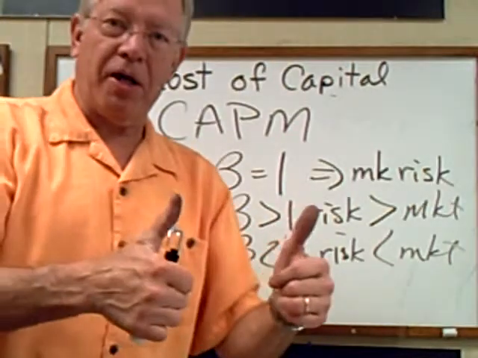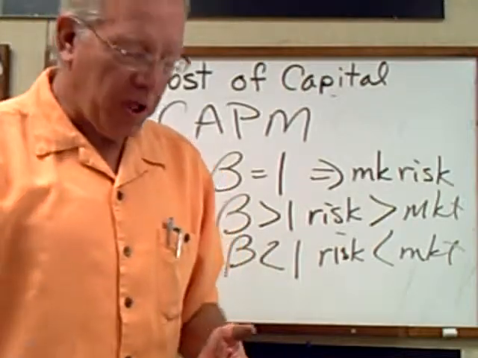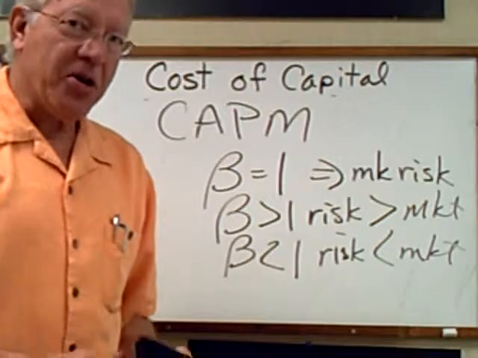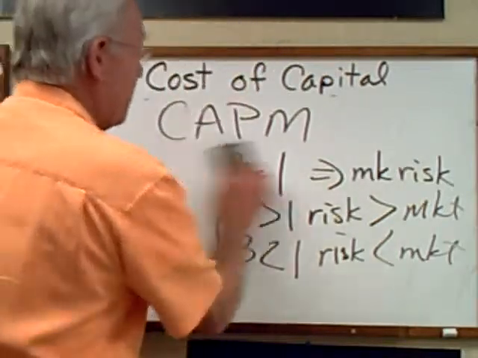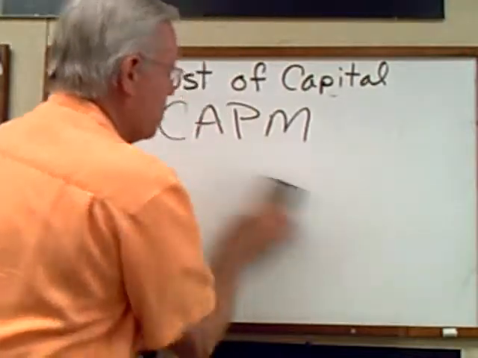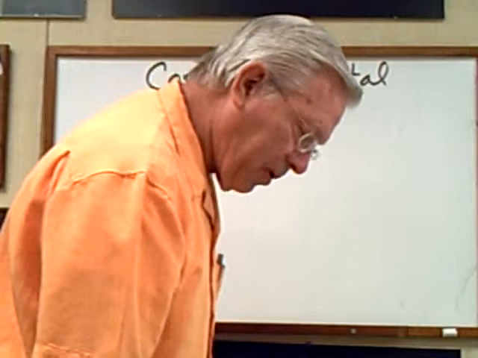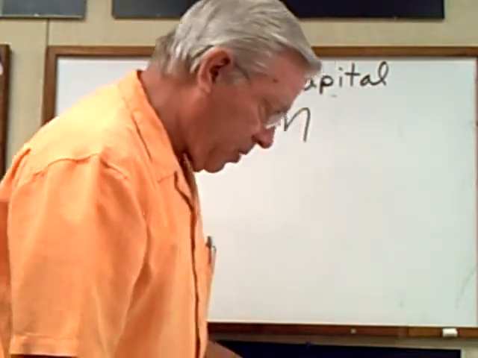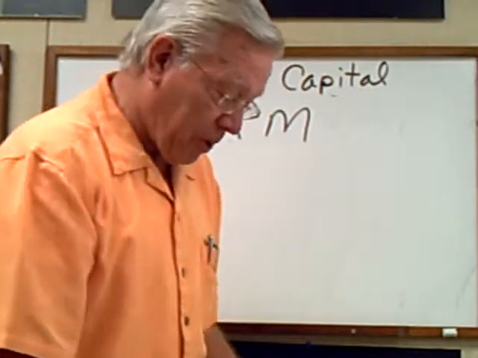Gold's going up, the market's going up. Where's the lack of correlation between those two? It's hard to find a negative beta stock. So if we look at CAPM, we can determine based on the market performance how that works. And there is an example. Well, I guess there is an example in the PowerPoint, but there's a good example in the textbook.